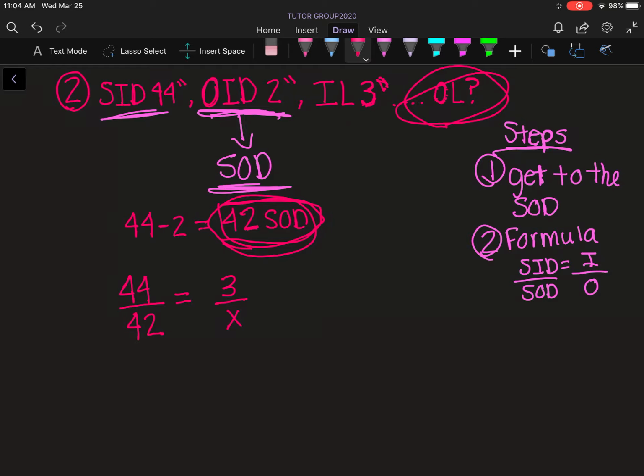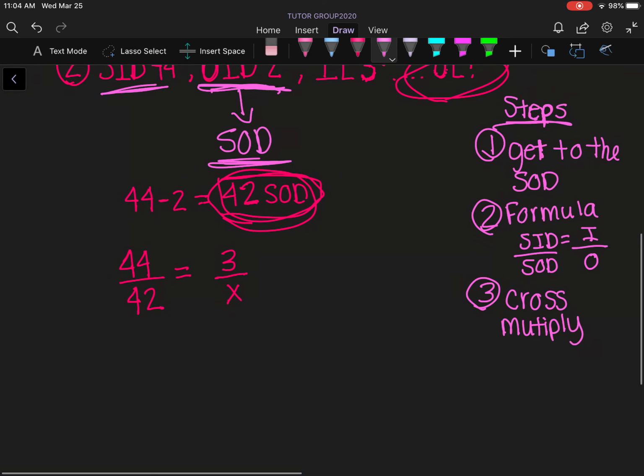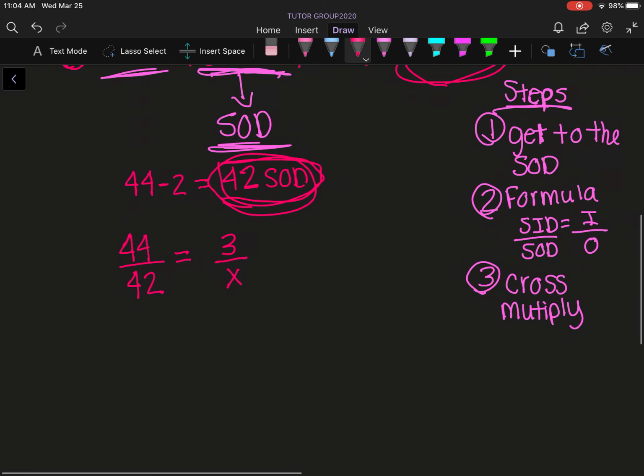Now what we're going to do, again, is cross multiply. After we cross multiply, we get 42 times 3 equals 126.